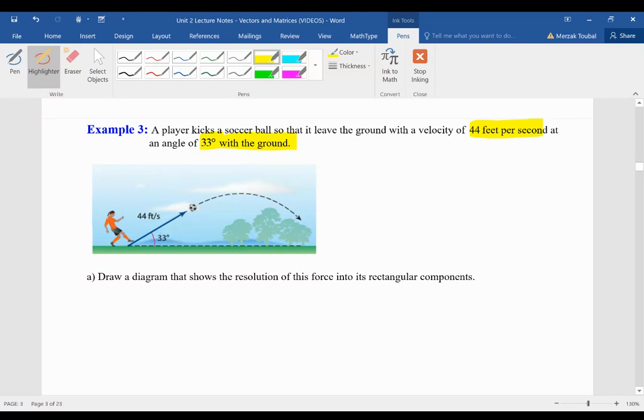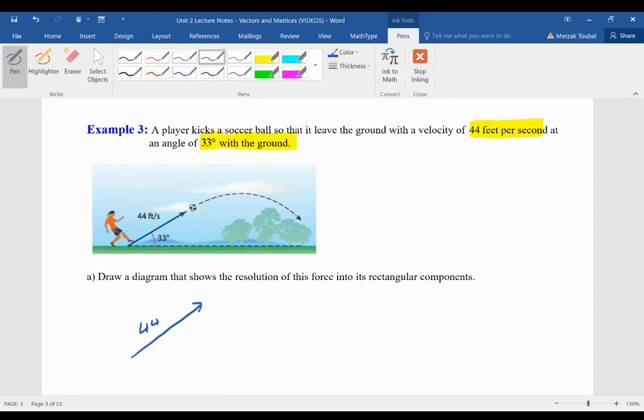The first question says, draw a diagram that shows the resolution of this force into its rectangular components. So we're going to do the same thing we did with example 2. First, we draw the resolution vector, which is 44. This is the resolution vector, but I just put the magnitude of that vector. Let's just put 44.